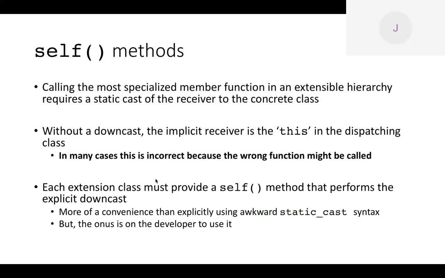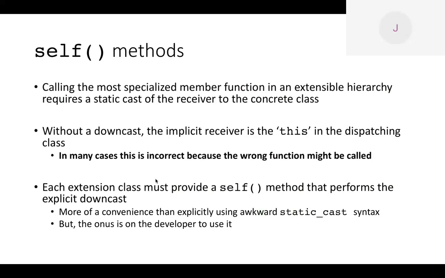So you have to make sure that you downcast. Anytime you want to use something from the this pointer, you basically have to downcast that to the most derived class and let the compiler figure out what the implementation is to call. So this is a common technique in static polymorphism.